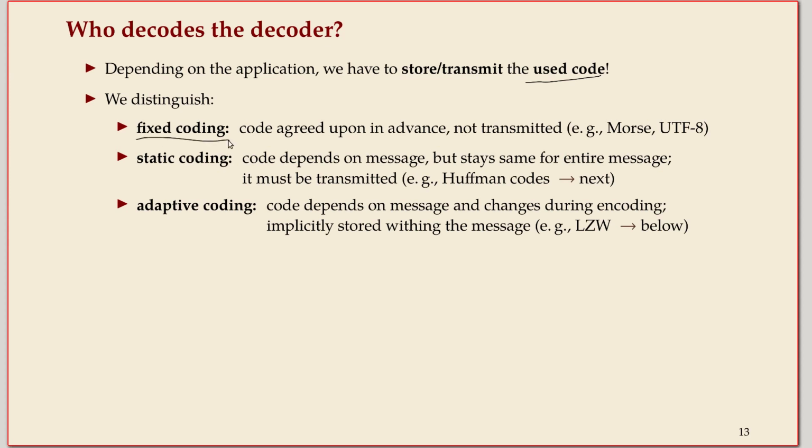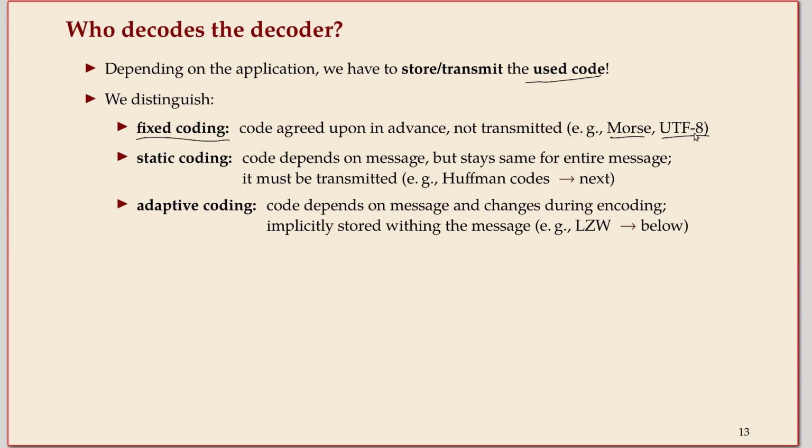So fixed coding means outside of the current communication, we agree that we will use the Morse code or we will use UTF-8. And then you don't have to store the code itself because the other person already knows that code. It's a fixed code that you build once and you use all the time.